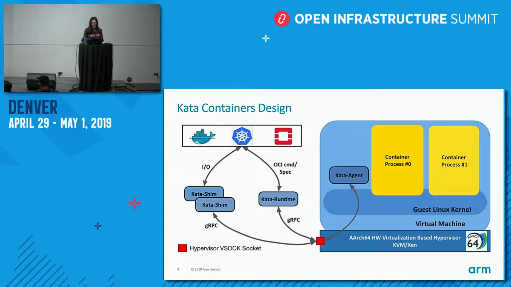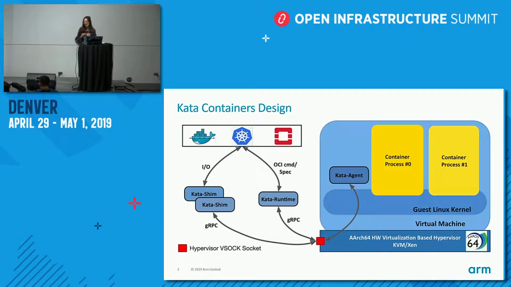And the last part is Kata shim. If I understand correctly, I think Kata shim is a little bit like the containerd shim. In the runc world, containerd shim is the container reaper. It builds long-term communication between the container processes and the containerd.